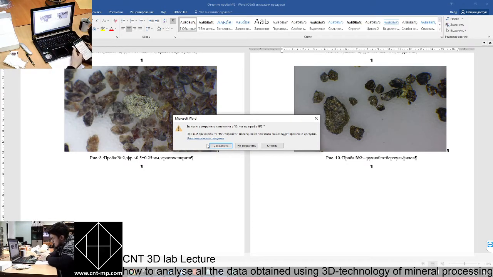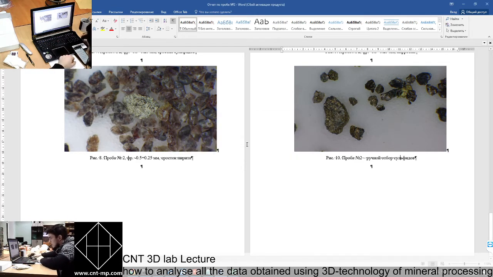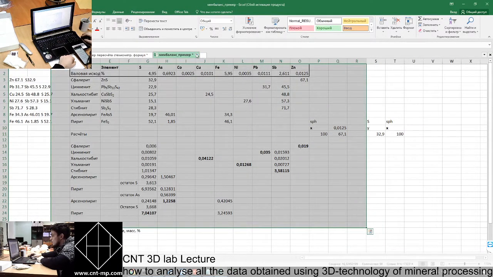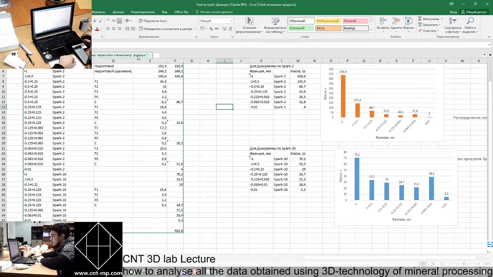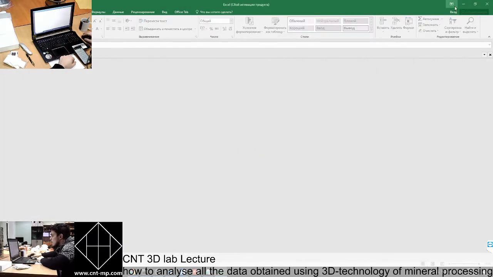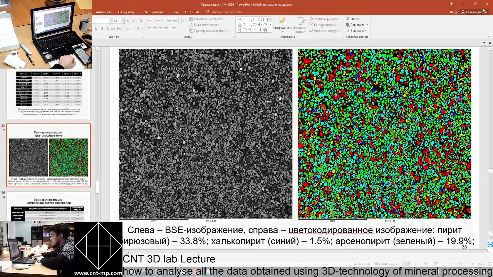Let me check my plan. Alright. That's it. Okay, let me show you also how we analyze the grain sizes and the equivalent circle diameter, and also maybe I could show you how to design the grain photos.